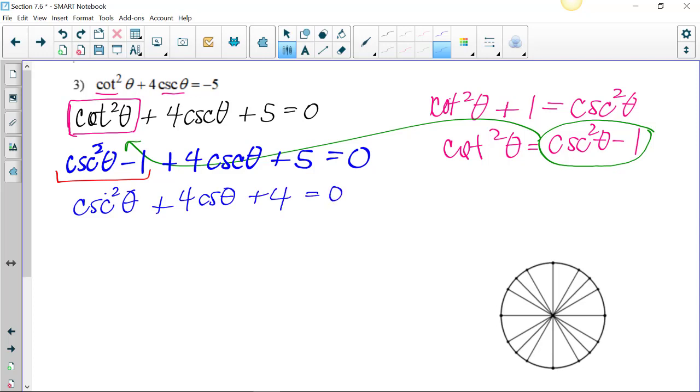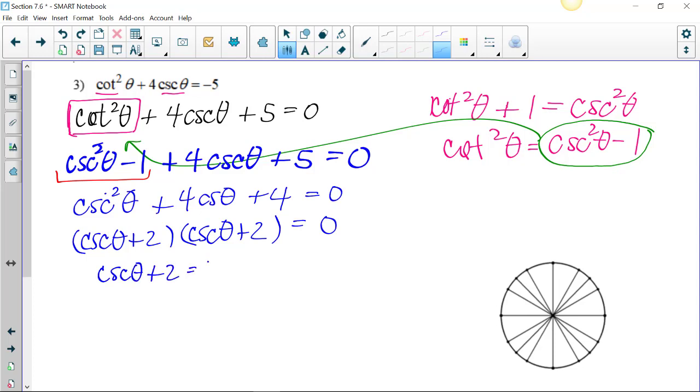If you notice, this is actually a perfect square trinomial, but if you don't, you can factor. So we're looking for numbers that multiply to be 4, add up to be 4, which would be 2 and 2. So since I have the same factor, I really only have to set one of them equal to 0 to find my solution. So cosecant theta is negative 2.